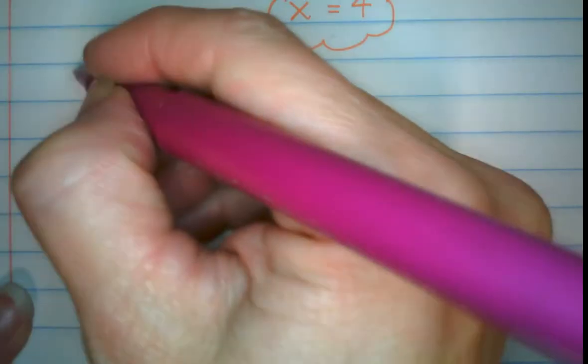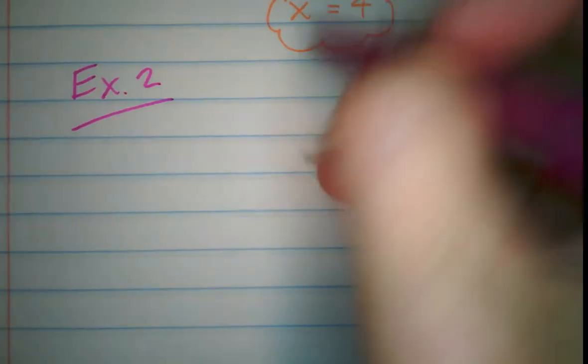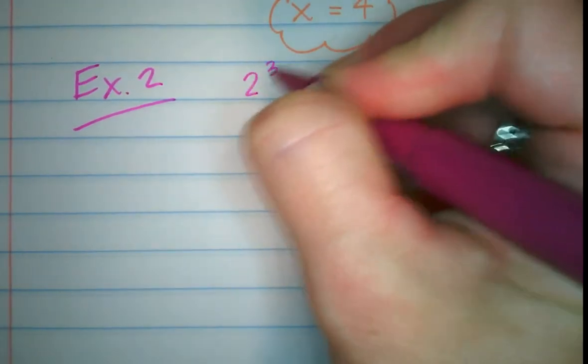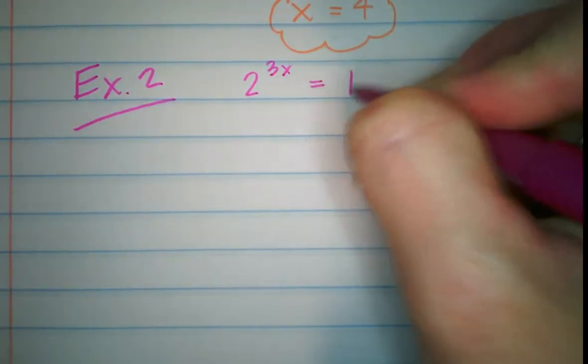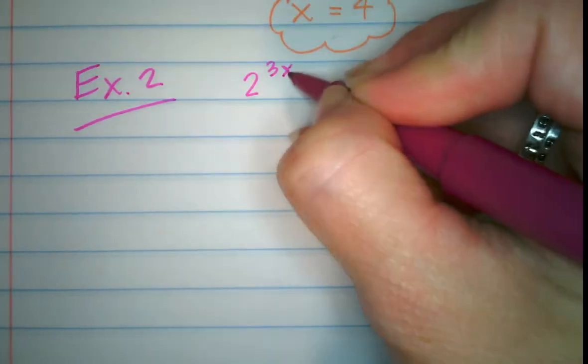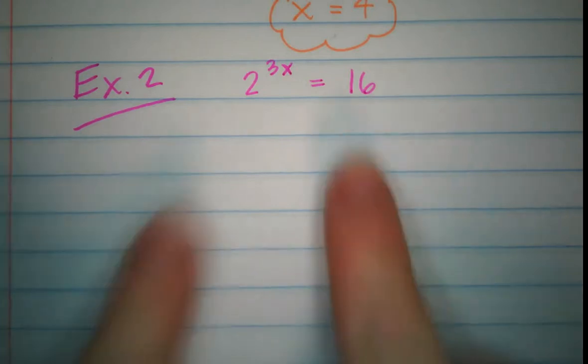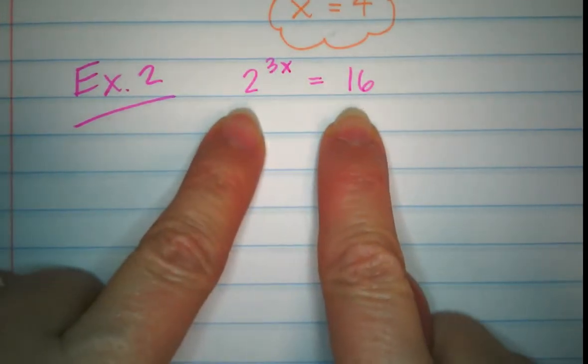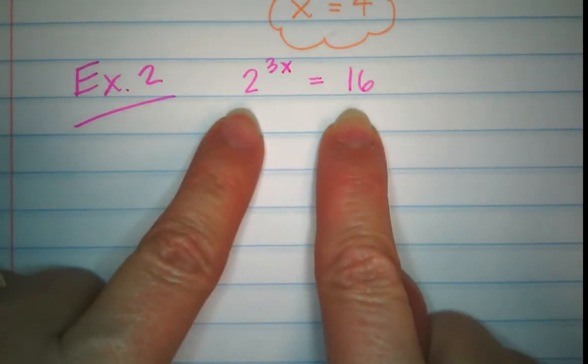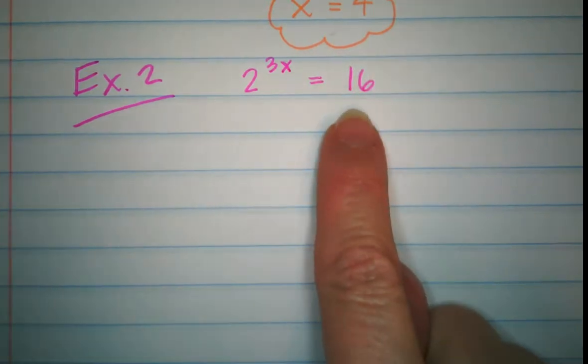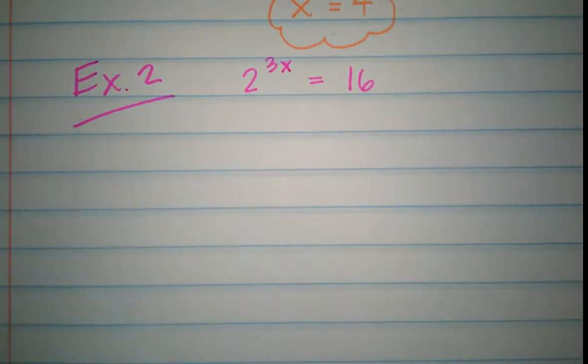All right, so example 2. So this one is easier. 2 to the 3x equals 16. All right, so starting off, I need to get the base number to be the same. So I'm going to look at the 16 and figure out how I can write the 16 as a 2.